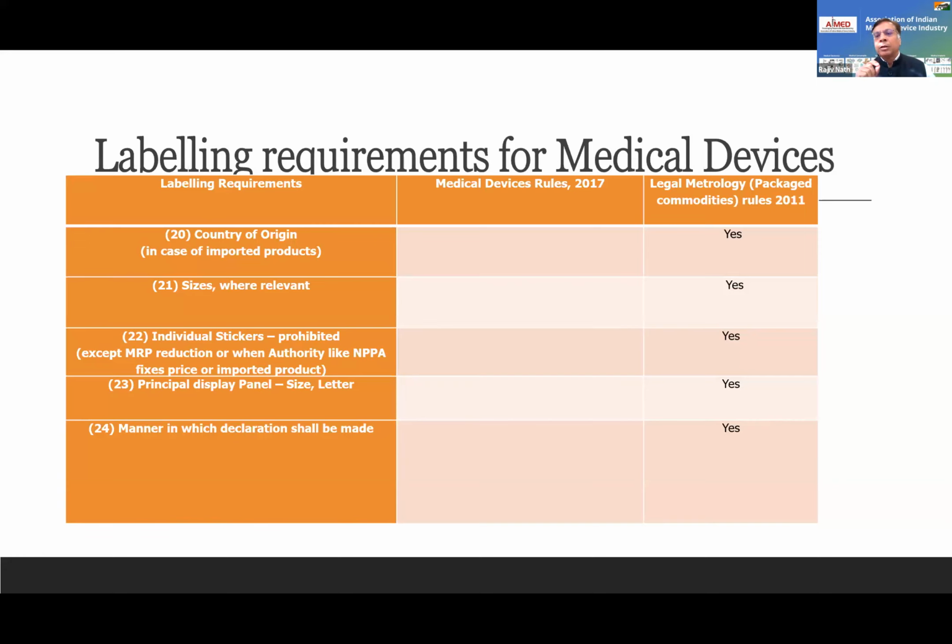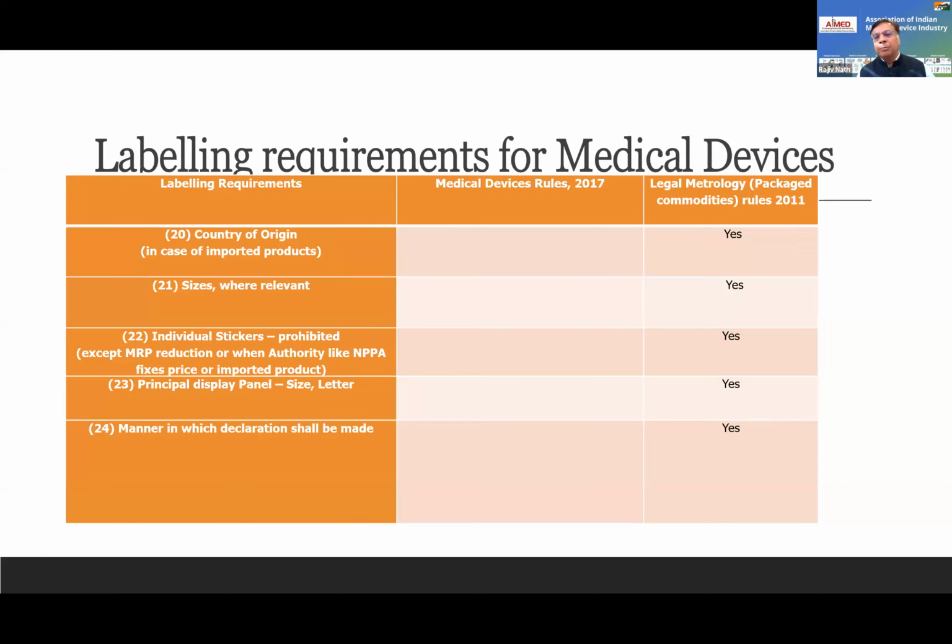So you may be making things in India or Taiwan or China and then selling over there without declaring country of origin. But if things are being shipped from there to India, India has to safeguard its consumers and make sure that country of origin is mentioned clearly. The size is also very relevant. It has to be in the metric system. It cannot be in inches.